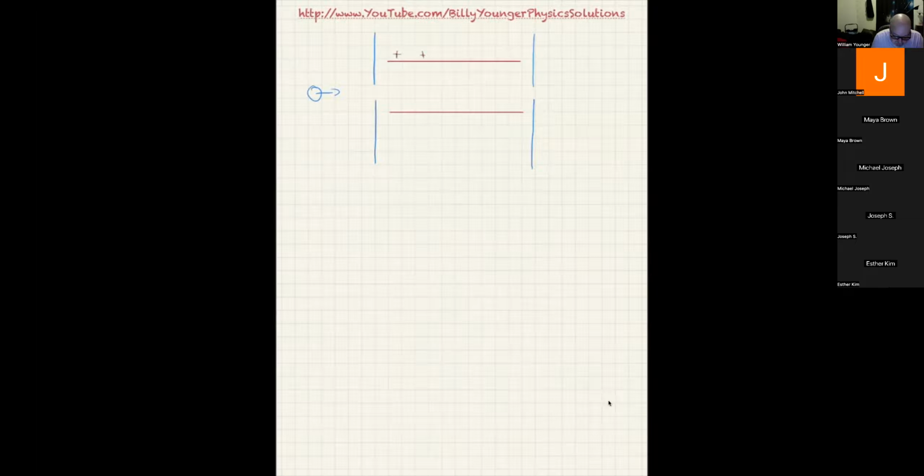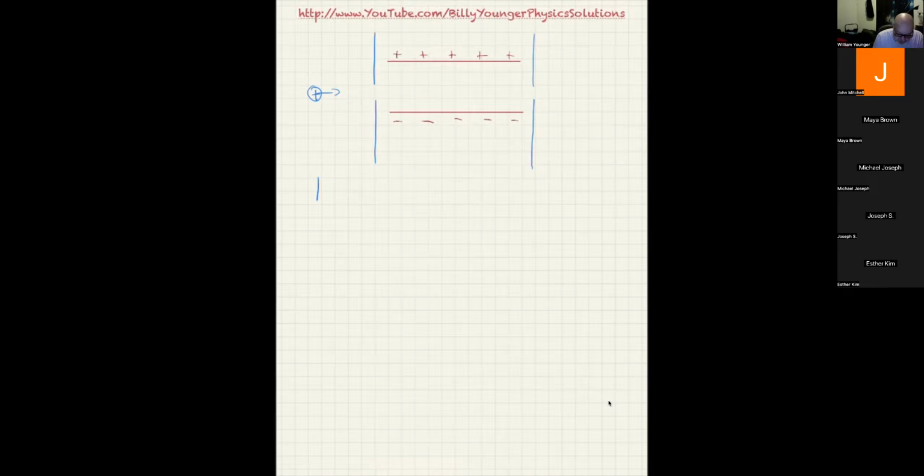is going to have positive charges up here and negative charges down here. That's going to create an electric field that tends to make this positive charge, say, go down. Okay.